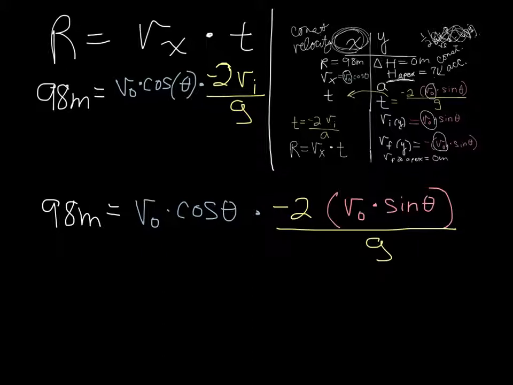Okay, the physics is now done. At this point, we've related all of these things together so that I only have one variable left now. The only variable that I have left now is v naught.